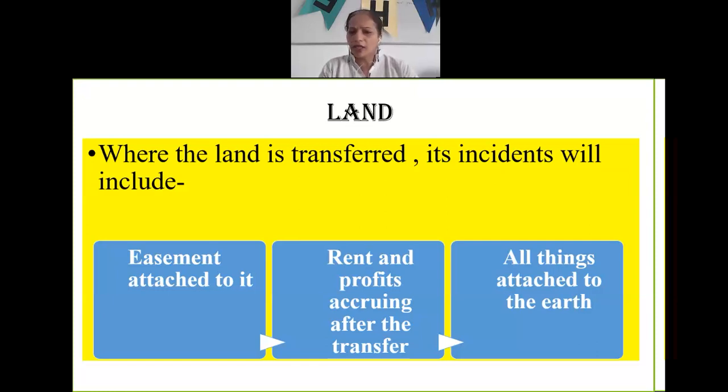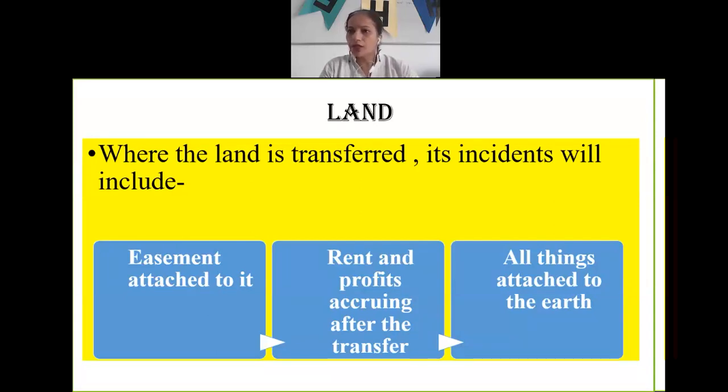In whatever form the land is transferred, maybe sale, mortgage, lease or gift, the things attached to the land which cannot be removed from the land are considered immovable property attached to the land itself. Easement is an immovable property attached to the land. The rent and the profit occurring from that particular property would be considered to be a land.